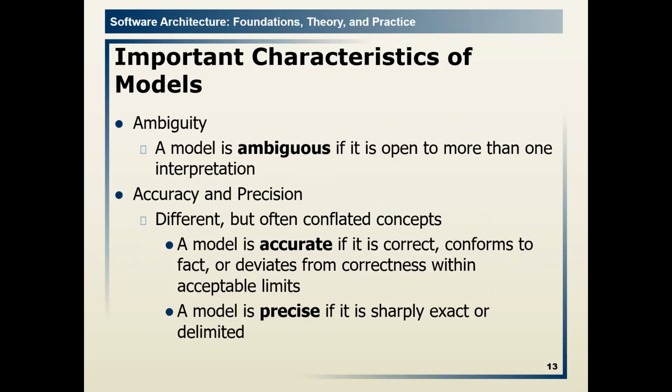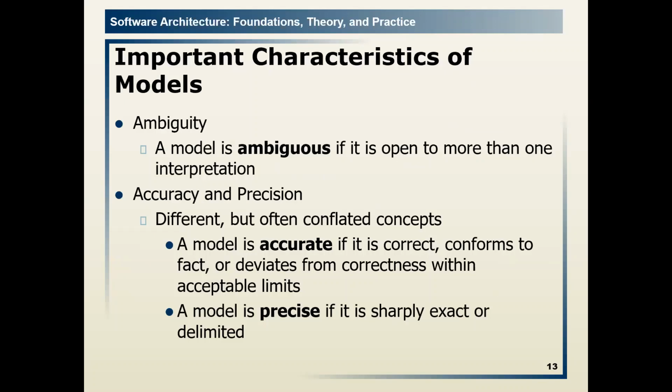Then the important characteristics of models are that we have to be non-ambiguous as much as possible, right? What is ambiguity? This is also a term that you have learned in the first years of engineering. A model is ambiguous if it is open to more than one interpretation.